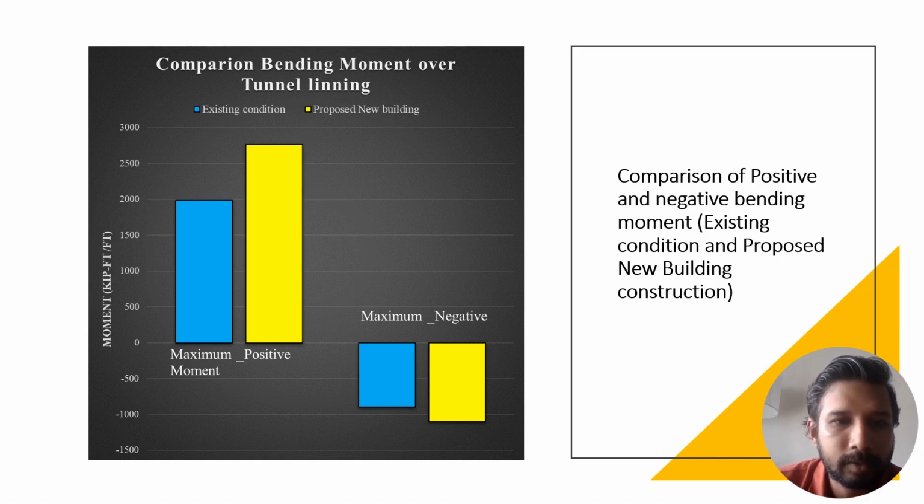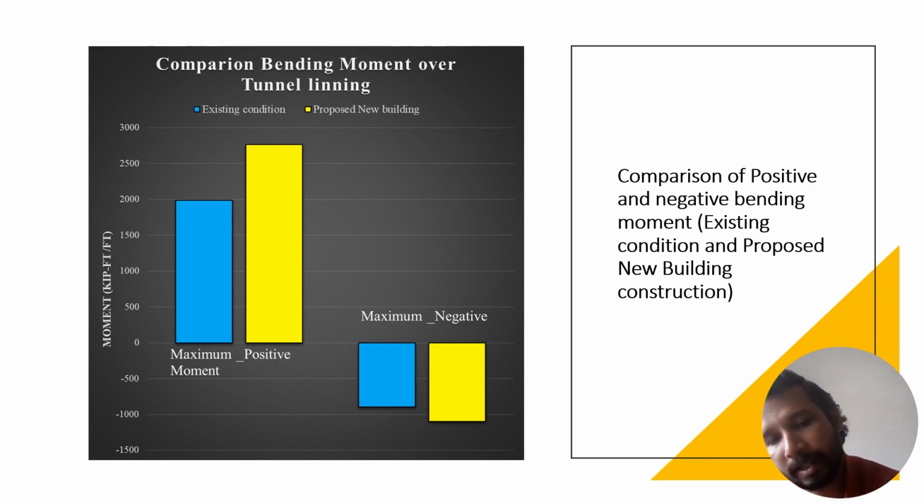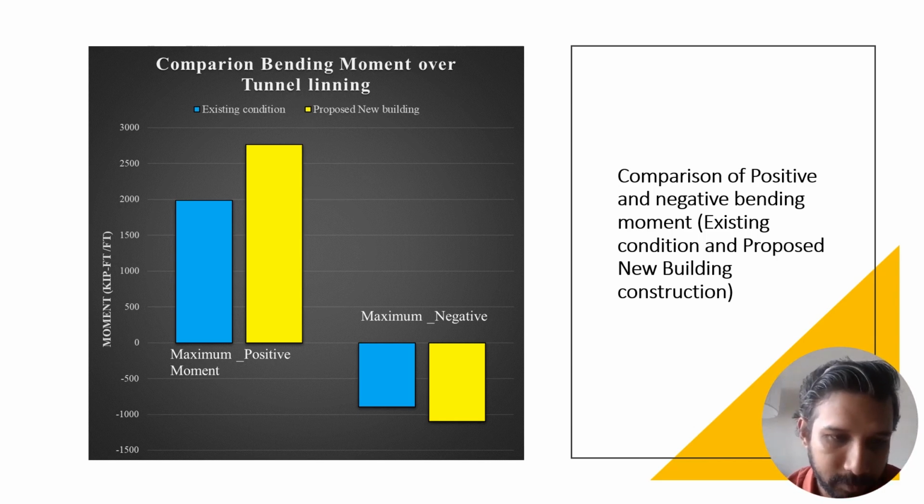Here is a graph showing the bending moment changes, the maximum positive moment and the maximum negative moment, for the existing condition as well as for the proposed new building condition. You can see the maximum positive bending moment increased more than the maximum negative bending moment.